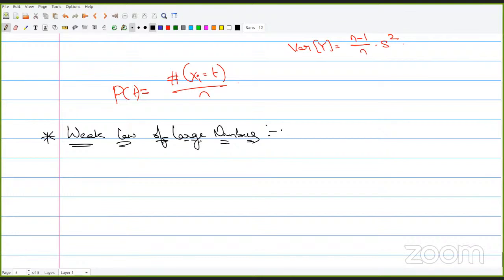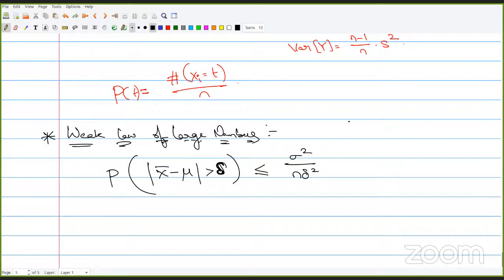If I have more and more samples, then consider the difference between the sample mean and the population mean, the mod of it, either greater or lesser, we don't worry. If this difference is larger than some delta, then the probability of that will be less than or equal to sigma square by n delta square.